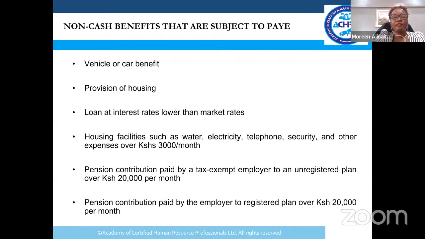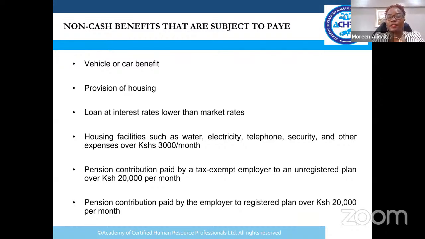We have other benefits that are taxable. I've seen many people having a challenge with this because they say, if I've been given a transport allowance, must that also be subjected to PAYE? So these are the non-cash benefits that are subject to PAYE according to the law.